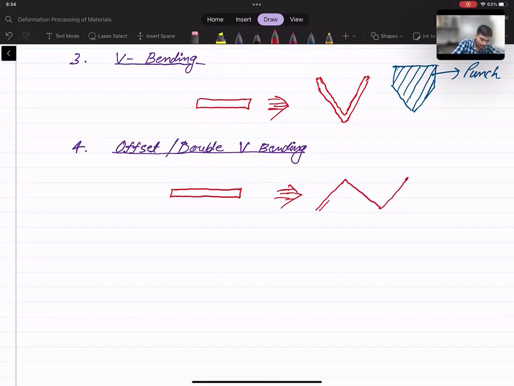Suppose this goes like this. This is the double V or offset bending.